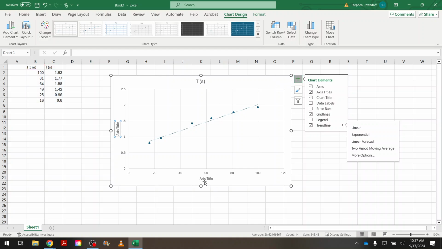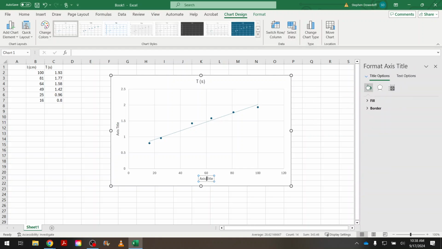We can edit our axis titles, I guess. So you're going to do this for me, where you actually make one of these. It's an activity I've got coming up for you. You'll want to change your axis titles to whatever it's supposed to be. So here's this one. This one was, come on, my mouse isn't working. There we go. That's length in centimeters.